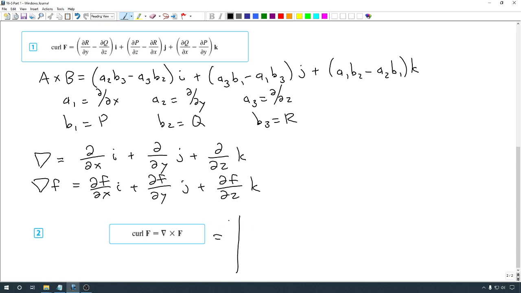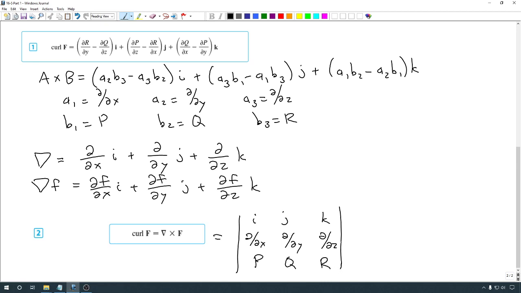Remember, when we take the cross product using the determinant, we make the first row i, j, k. Second row here is the first of our vectors. In this case, it's not technically a vector, but it's the Nabla that we have. So d/dx, d/dy, d/dz. And then our third row is our second vector. In this case, the f here, it has components of P, Q, R.